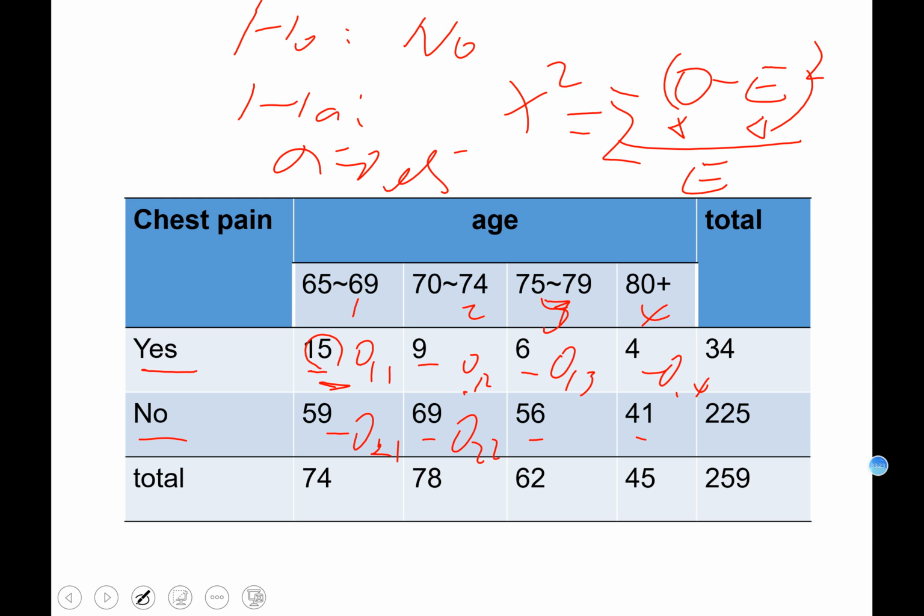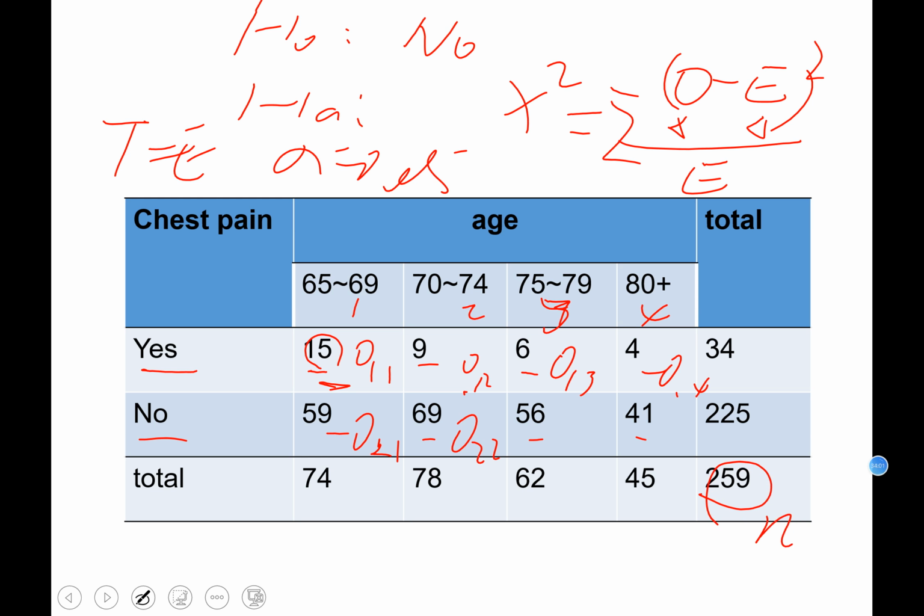Actually, E is the same with T I have mentioned just now. So that means the expected frequency. And how can we get E? It's the same with T, so we can use the total row times the total column divided by the total n. This is the total n.